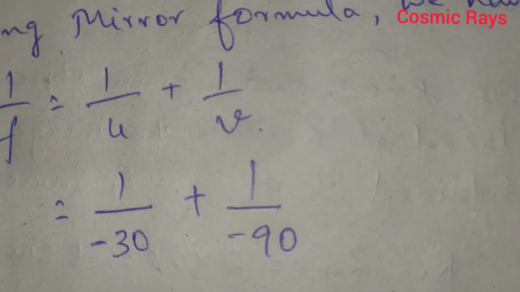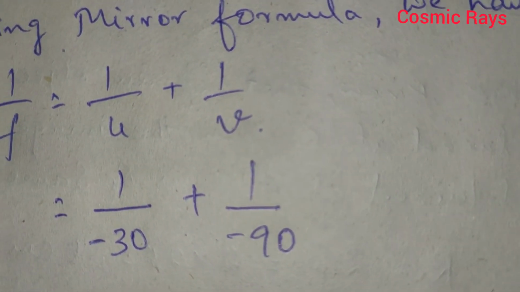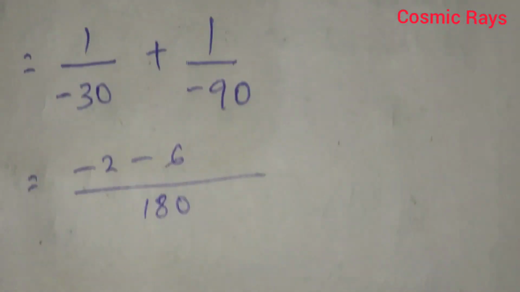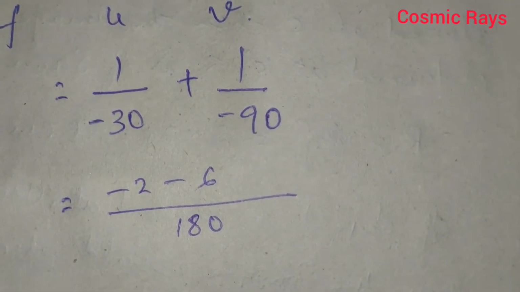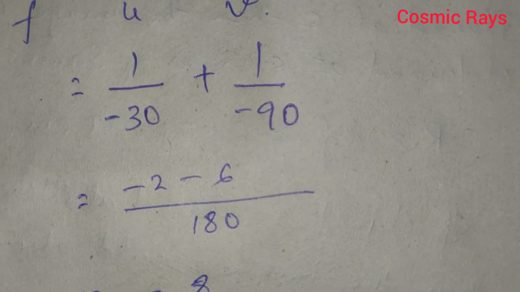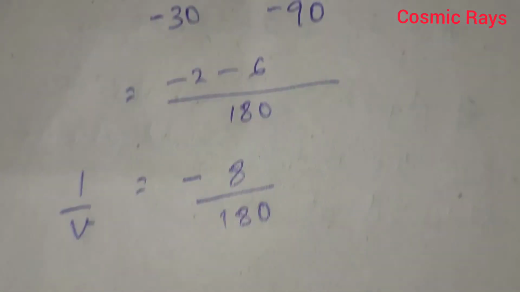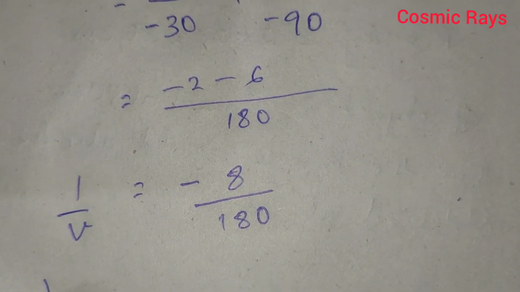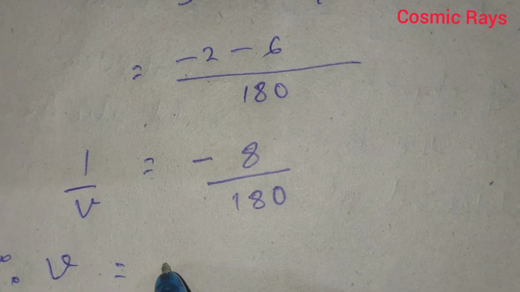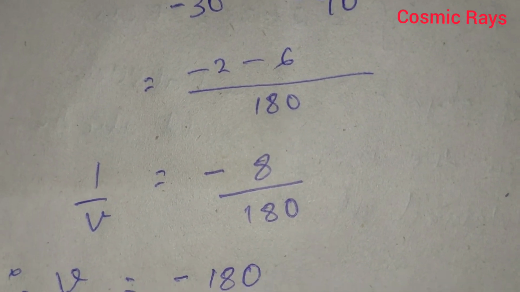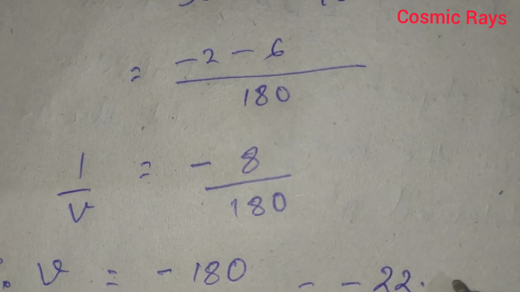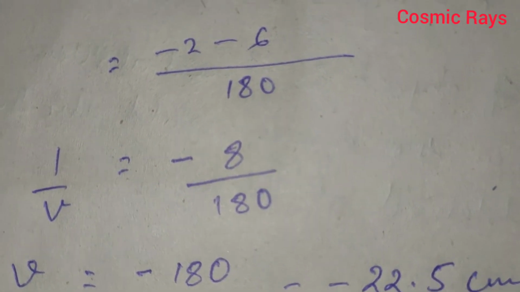So minus 2 minus 6, or minus 6 minus 2. So this would give you minus 8 upon 180. This is 1 by f. So let's take the reciprocal. Therefore f will be equal to minus 180 upon 8. So that is equal to minus 22.5 centimeter.